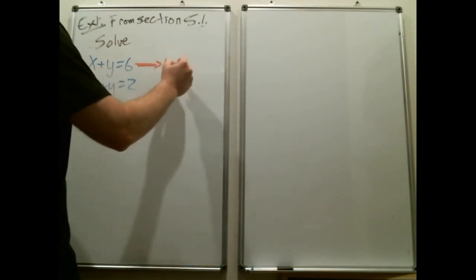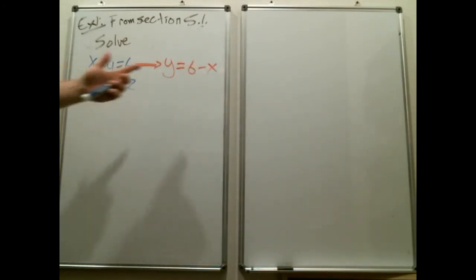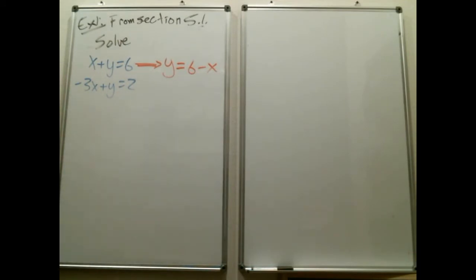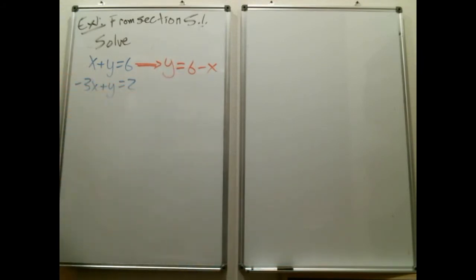When I do that, I get y equals 6 minus x. And you could solve for x instead here and then work the problem the same way, and you'd get the same answer. But just for simplicity's sake, I'm just going to do this one. So now this top equation is rewritten as this. So it's the same system of equations. We have this equation and this equation now.